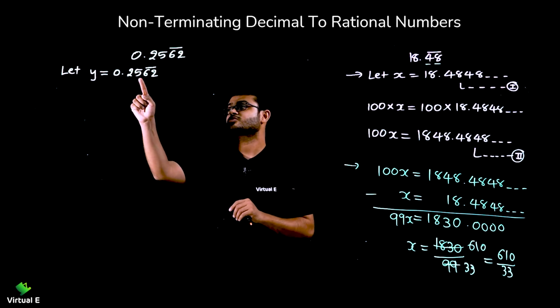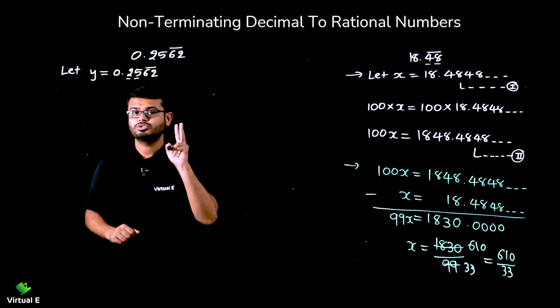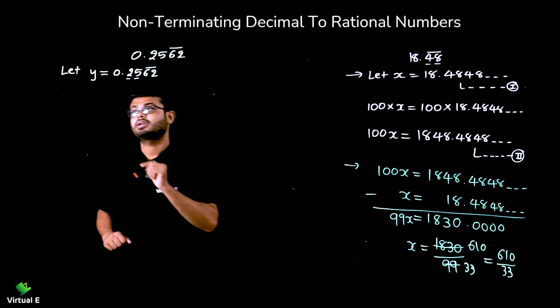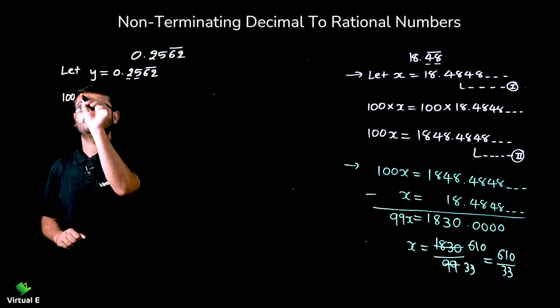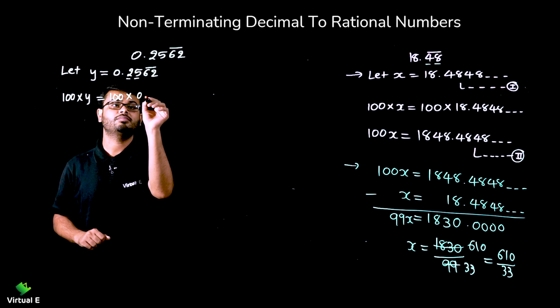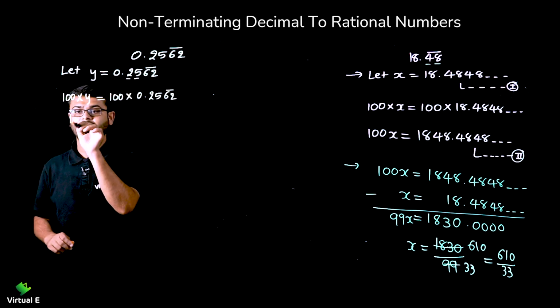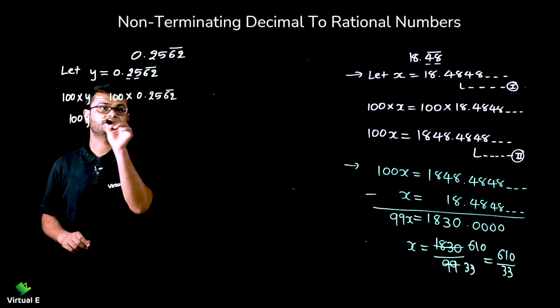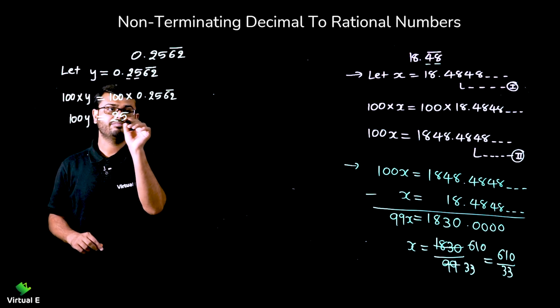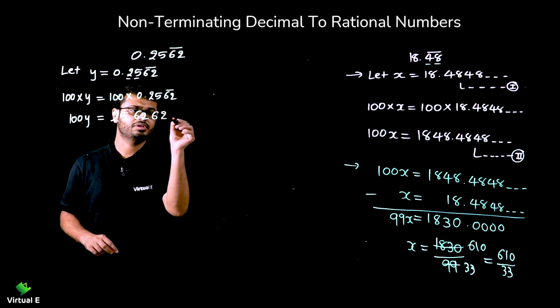So we want to shift this 25 over that side, and see how many numbers there are. 2. So we are going to multiply with 100. So let's multiply 100 into y is equal to 100 into 0.25 and 62 bar here. So we can write that 100y is equal to 25.62 bar, and let's write 62 here as well.